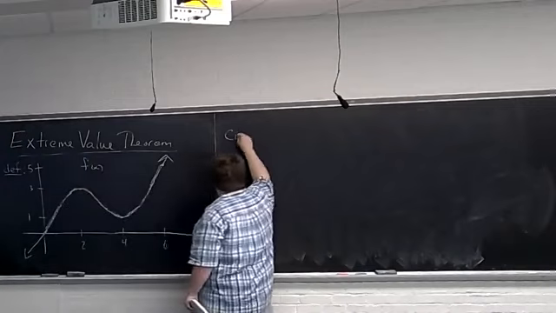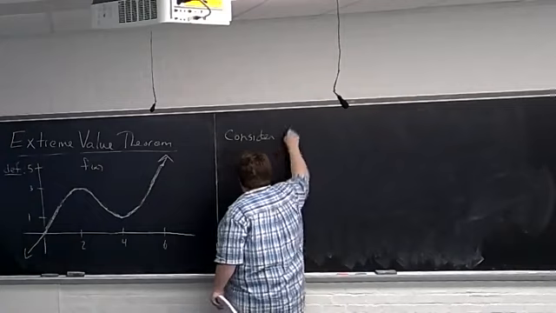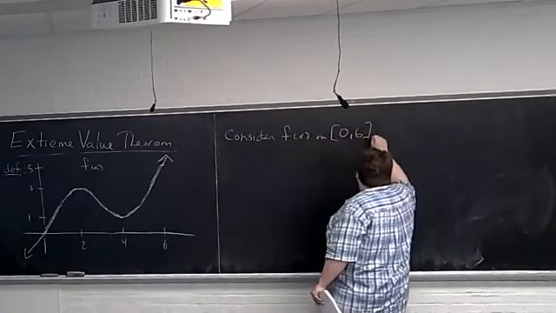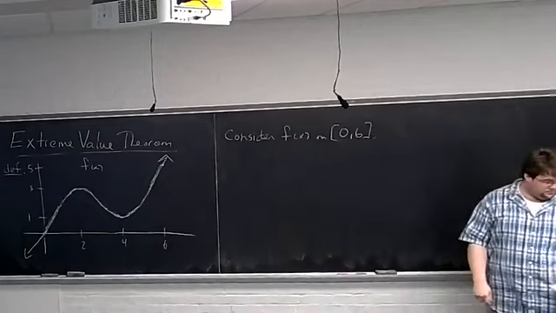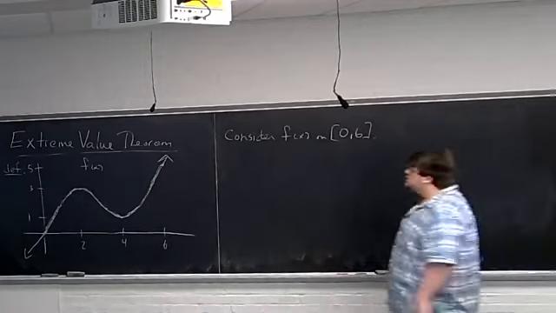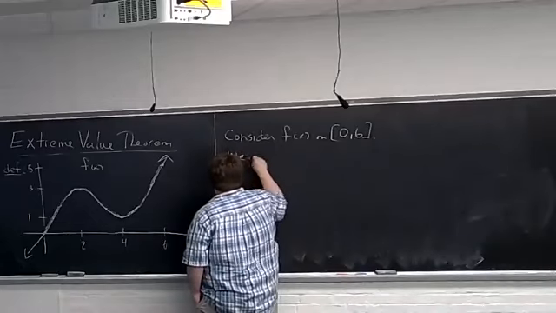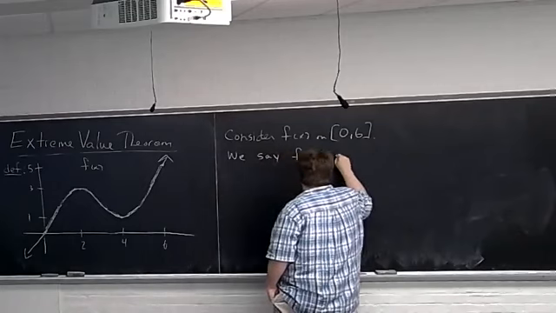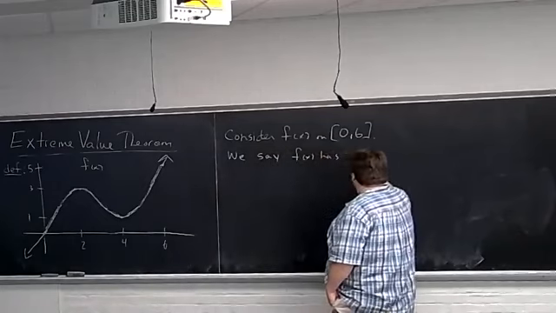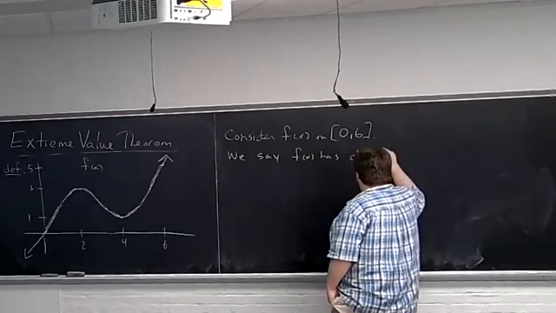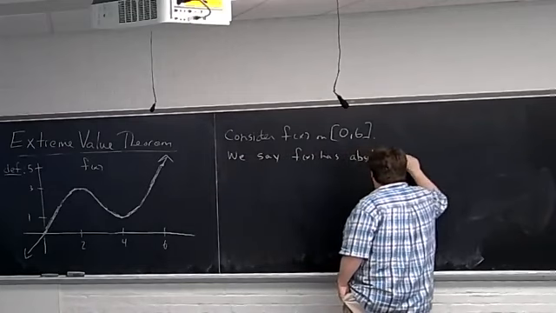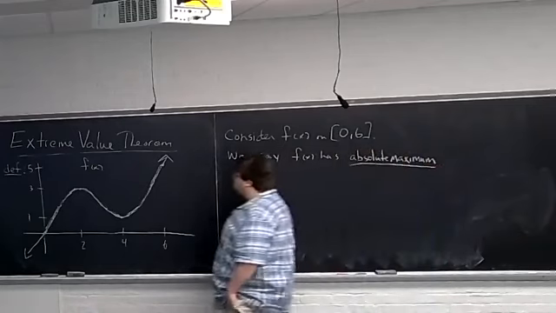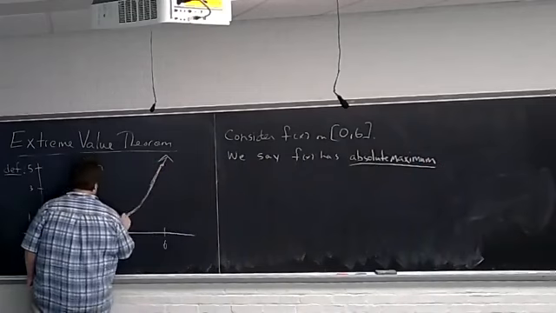So consider f of x on the closed interval 0 to 6. We say f of x has, this will be 4 definitions, absolute maximum. First definition. So again, we're looking only from 0 to 6.